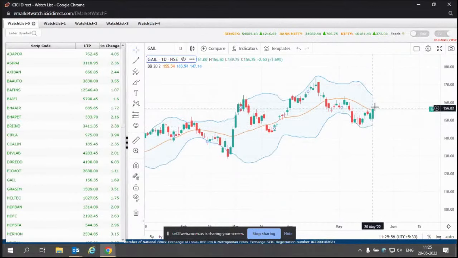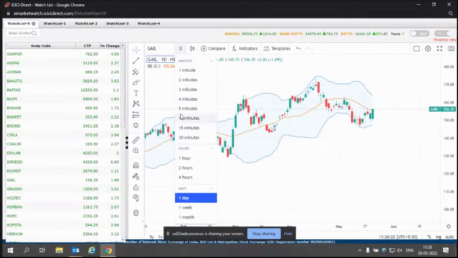Post that we have seen a good recovery in the stock. So this is simple maths. Whenever the stock touches the upper band of the Bollinger Band, one should consider that as a resistance, book the profit, and wait for confirmation from the lower band of the channel. So Bollinger Band is one we can use on our daily as well as on our intraday time frame.